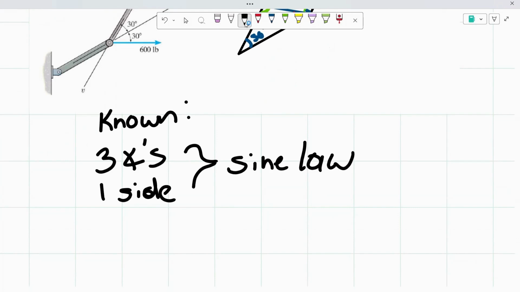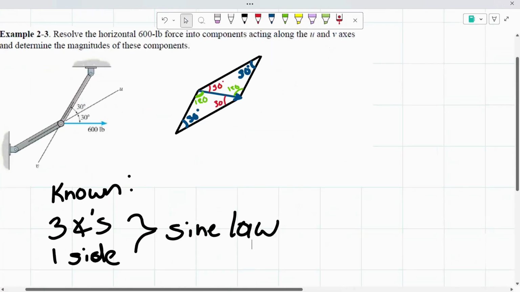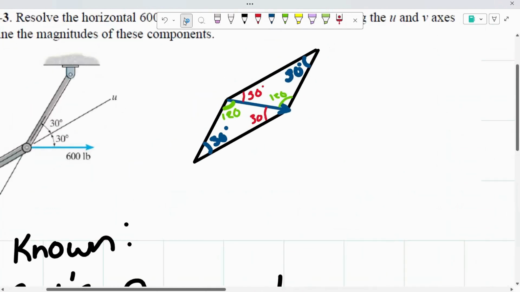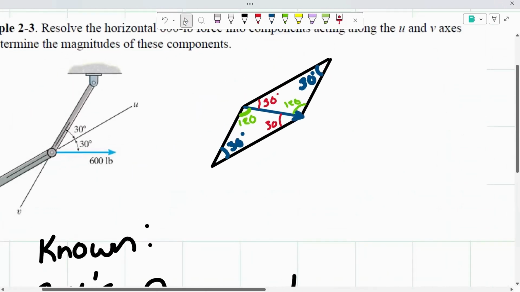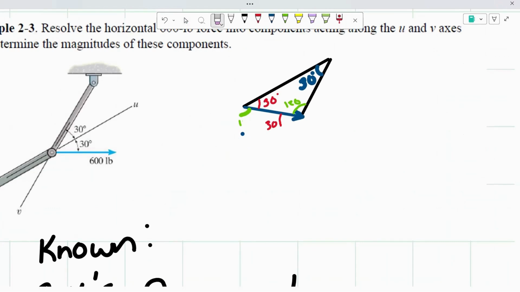And with that, we're just going to use one triangle so we don't get mixed up. So I'm going to erase this triangle right here, and we're going to be working with this triangle right here.